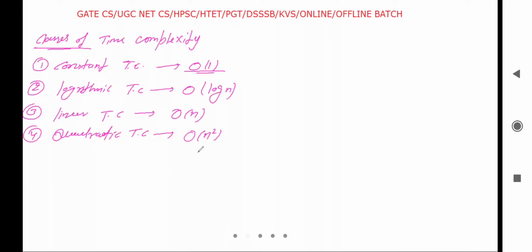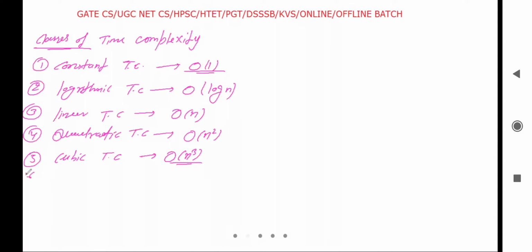Next is cubic time complexity. Cubic time complexity is order of n cube.